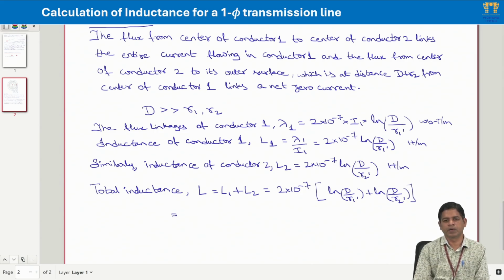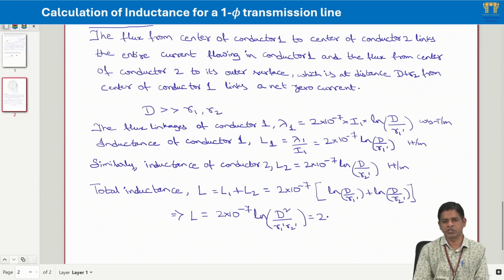Then L is equal to 2 into 10 power minus 7 log of d squared by r1 dash r2 dash.